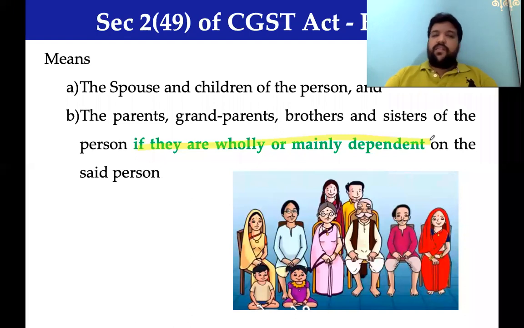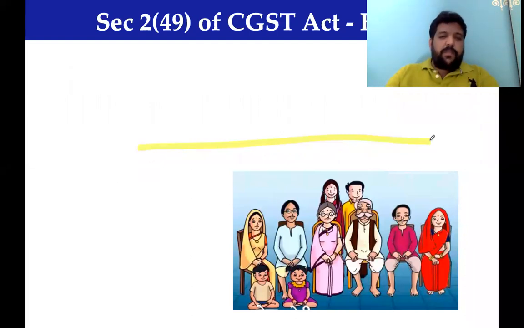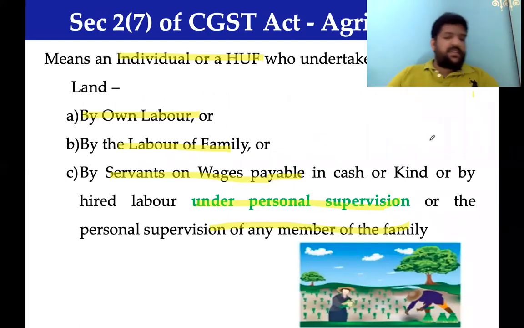So if any of these people monitor the agriculture, then the concerned person would be treated as an agriculturist. When we go to registration, the words casual taxable person, non-resident taxable person, taxable person, agriculturist, family members and related party transaction gain momentum.